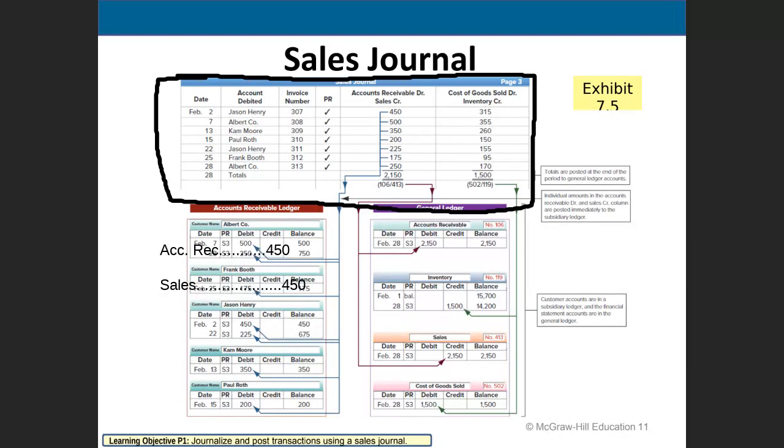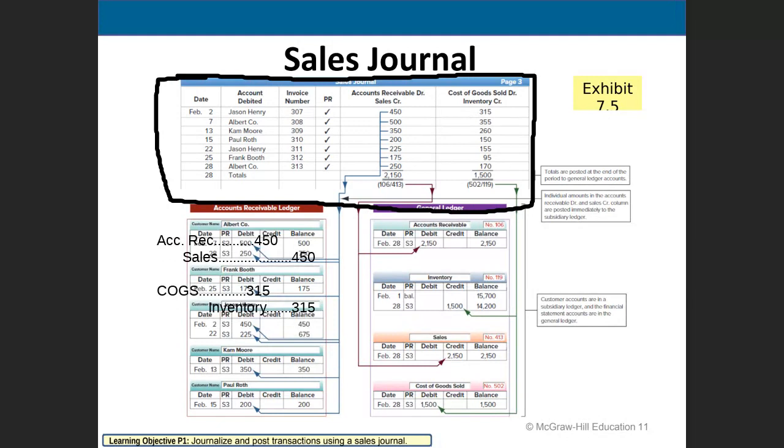This is just an example. And debit cost of goods sold and credit inventory.